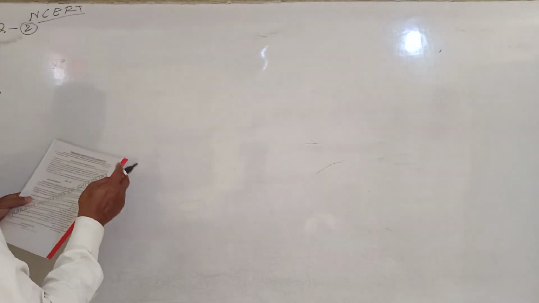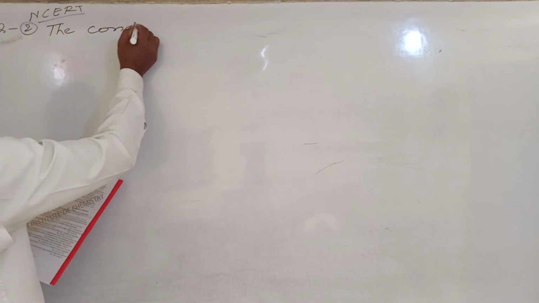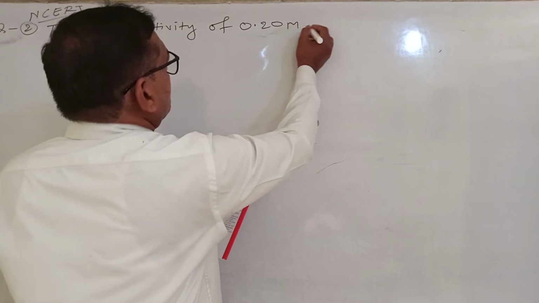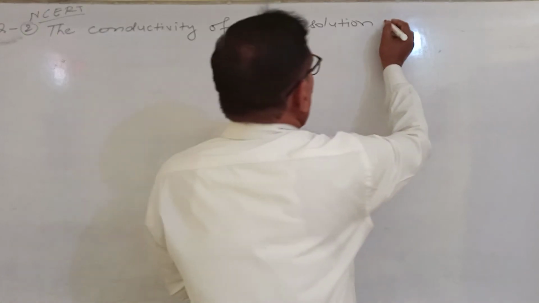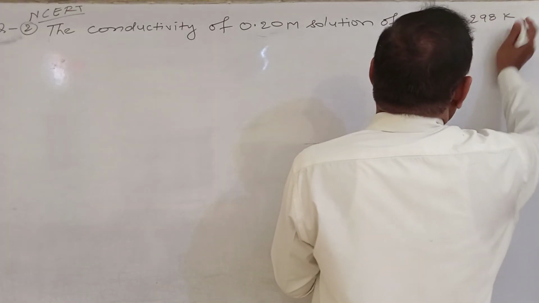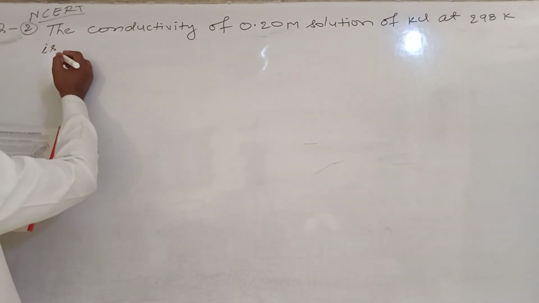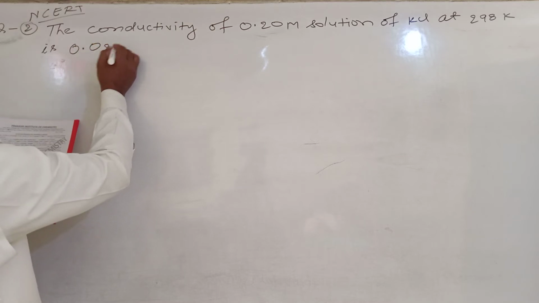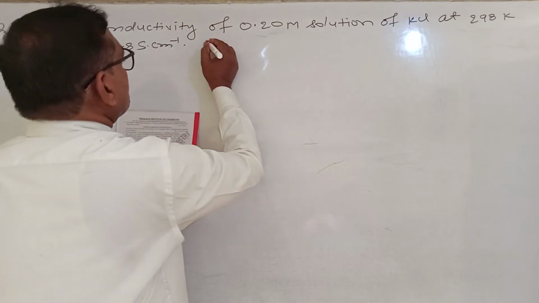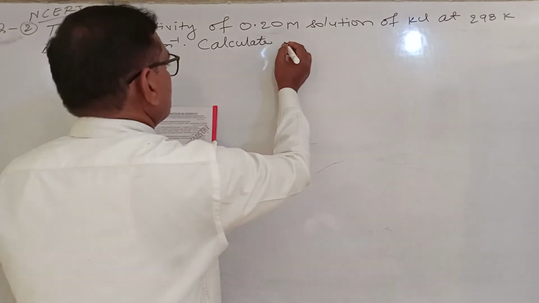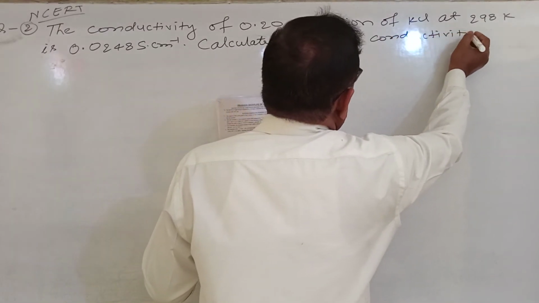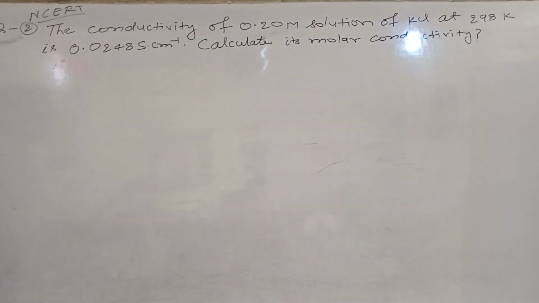The conductivity of 0.20 M solution of KCl at 298 Kelvin is 0.0248 Siemens cm inverse. Calculate its molar conductivity.